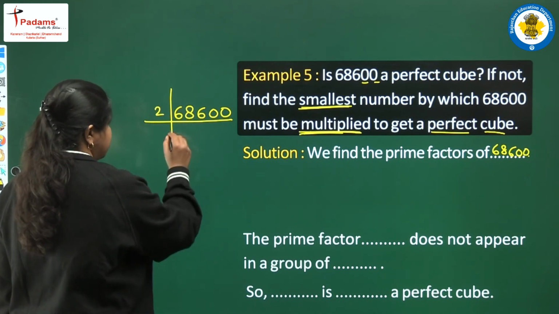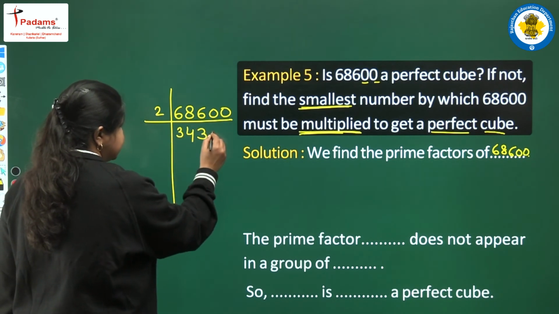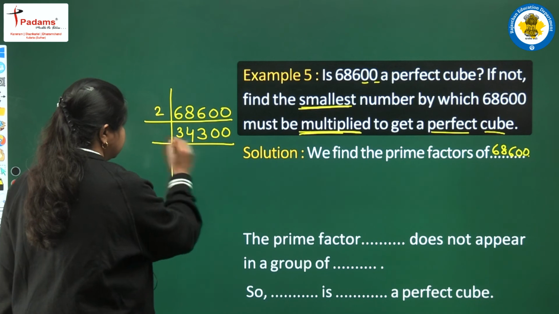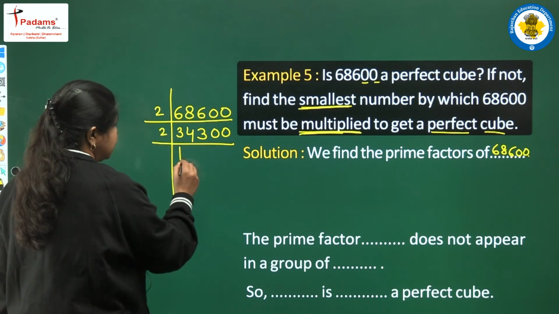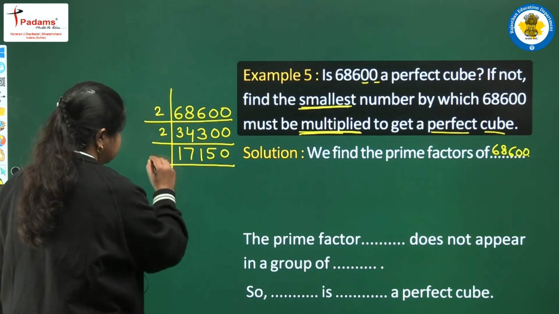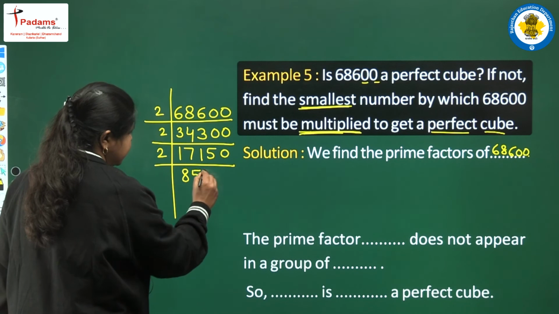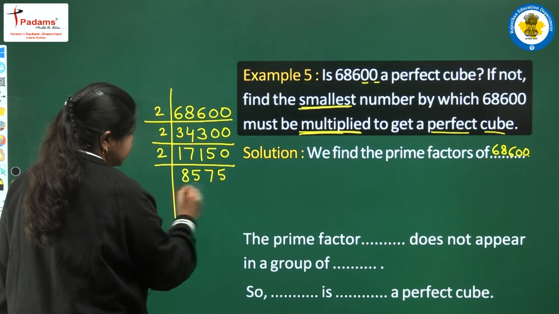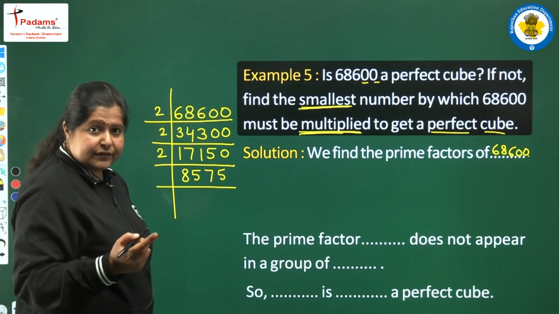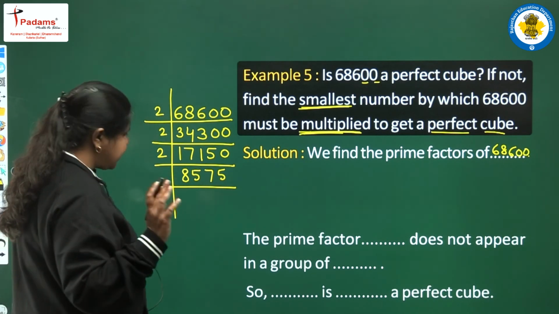Begin with 2. 2 3s are 6, 2 4s are 8, 3s are 6, 00. Again by 2, 1 7 1 5 0. Again by 2, 8s are 16, 5s are 10, 7s are 14, 5s are 10. Now it is ending with 5. So let us divide by 5, or shall we check the divisibility by 3?